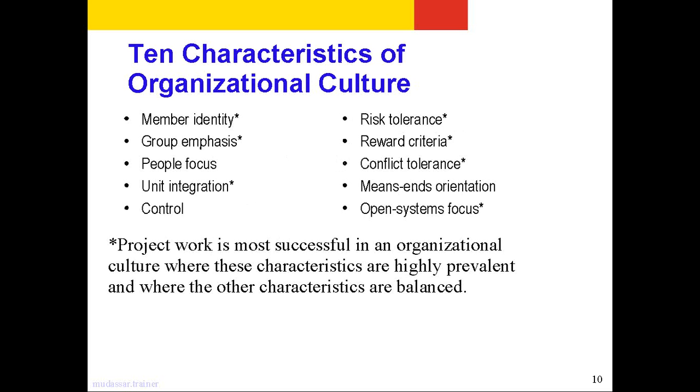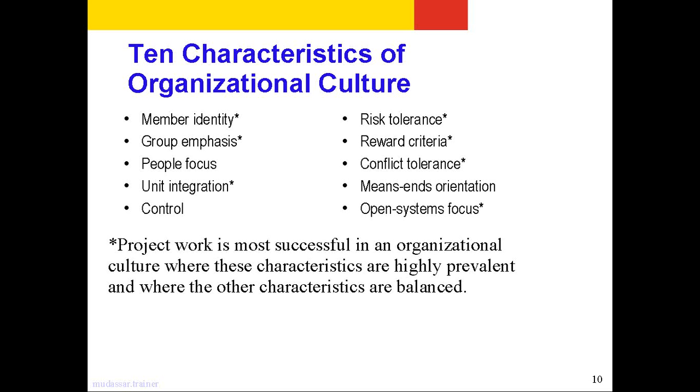It's a rough understanding of these characteristics stated here. The 10 characteristics of organizational culture: member identity, group emphasis, people focus, unit integration, control, risk tolerance, reward criteria, conflict tolerance, means-ends orientation, open system focus.